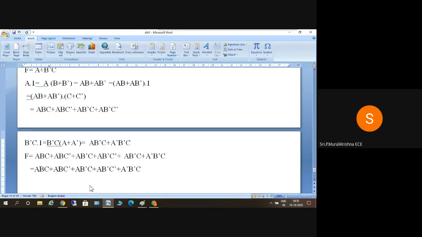Now we have to express this in terms of the min terms. So we have to check what min terms are available here.